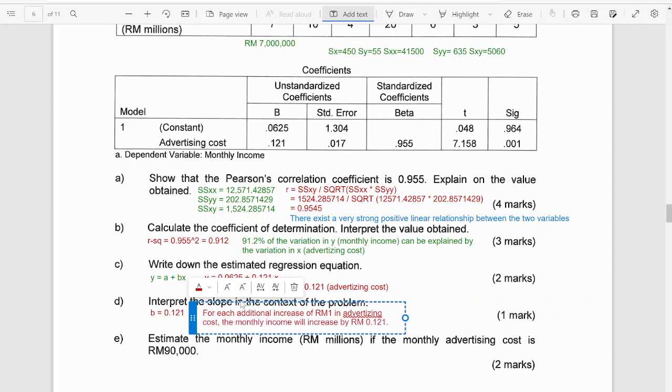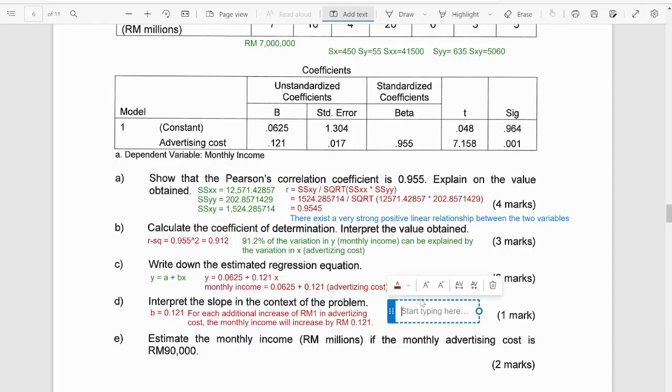Okay, boleh. So this is for the explanation. Or you can also explain in the form of its original context. Yang ni kita gunakan yang short form, so RM1 dengan 0.121 ringgit. Tapi kalau kita gunakan dalam konteks yang sebenar, okay, saya akan tulis warna hijau kat sini.